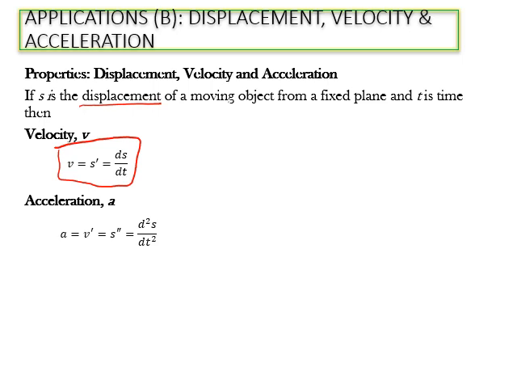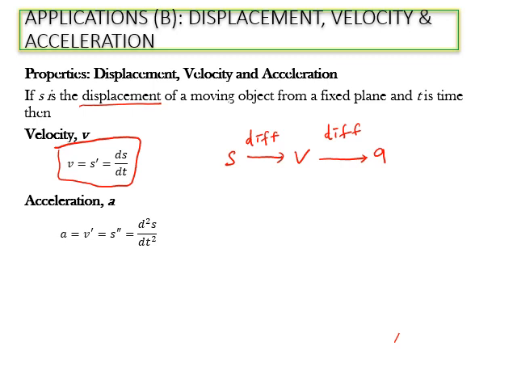So we differentiate S, we get the velocity. And if we differentiate v, we will get A, the acceleration. So S, V, A. To go this way, we differentiate.